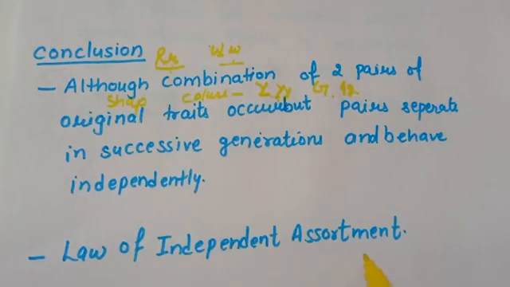That means a pair of genes which represent a particular characteristic do not blend with each other. Even if they combine with other pairs of different characteristics, they remain independent and keep on separating or behaving independently in the next generations.